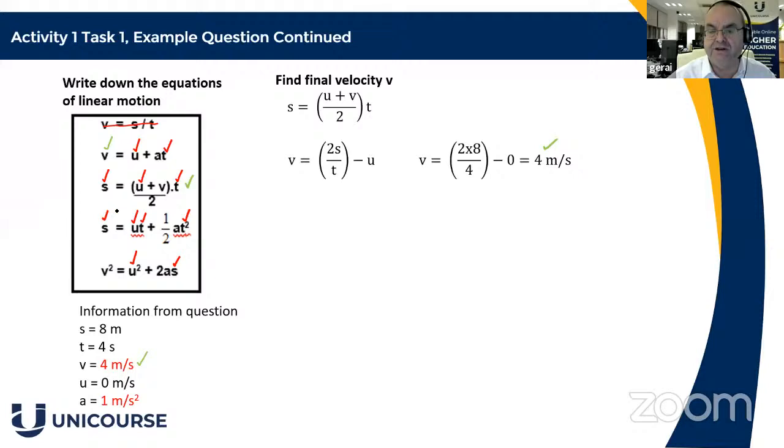We can tick v in that equation, and we can tick v in that equation. We could have used this equation here, by the way, to find the acceleration. But what I've done, and there's different ways of doing it, so there's no prescribed way of doing it. You can do whichever way suits yourself. So next thing we're going to find is the acceleration, because it's the only value that we haven't got. So find the acceleration a.